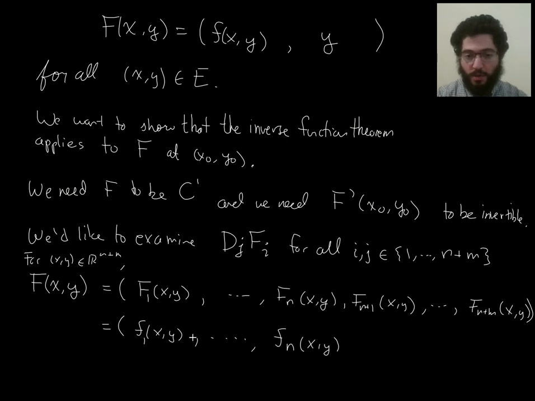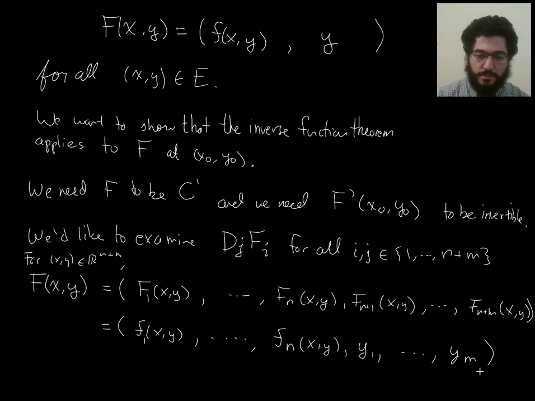And that's all the components of little f. And then next we start listing the components of this. So you could call those y sub 1 up through y sub m. So this is telling you exactly what are the components of capital F.